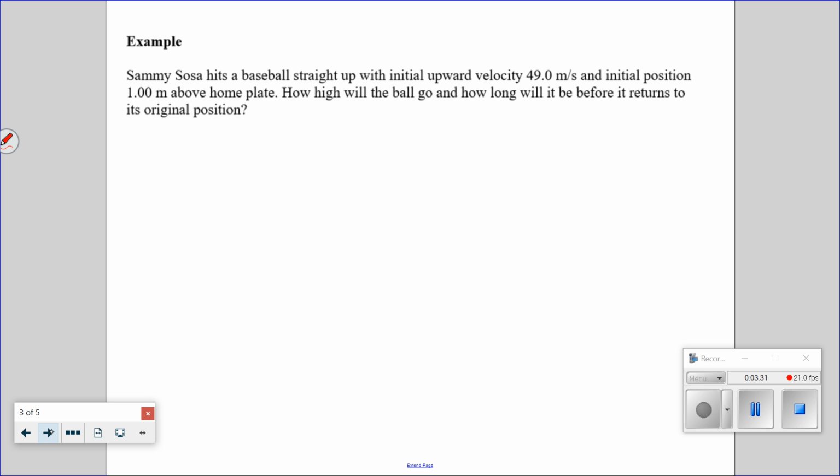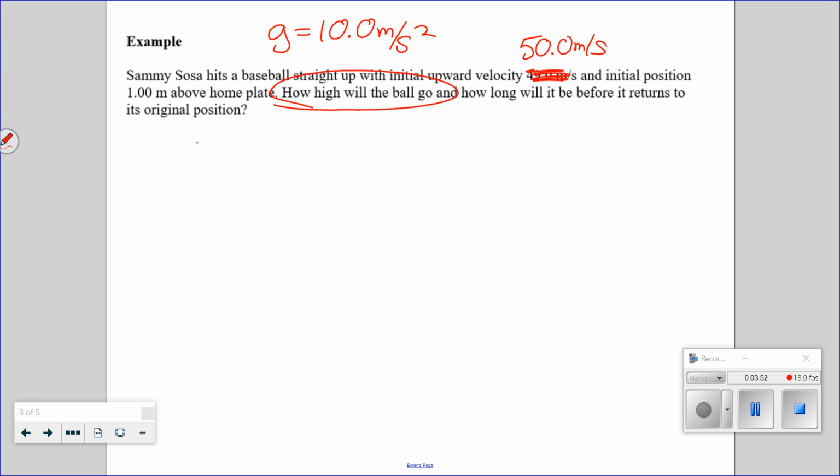Okay, well, we wanted 50 meters per second, so we can use g equals 10. Okay. How high will the ball go? Okay. Delta y is v squared minus v0 squared over 2a. Okay. 0 squared minus 50 squared, at the top, when it's at max.